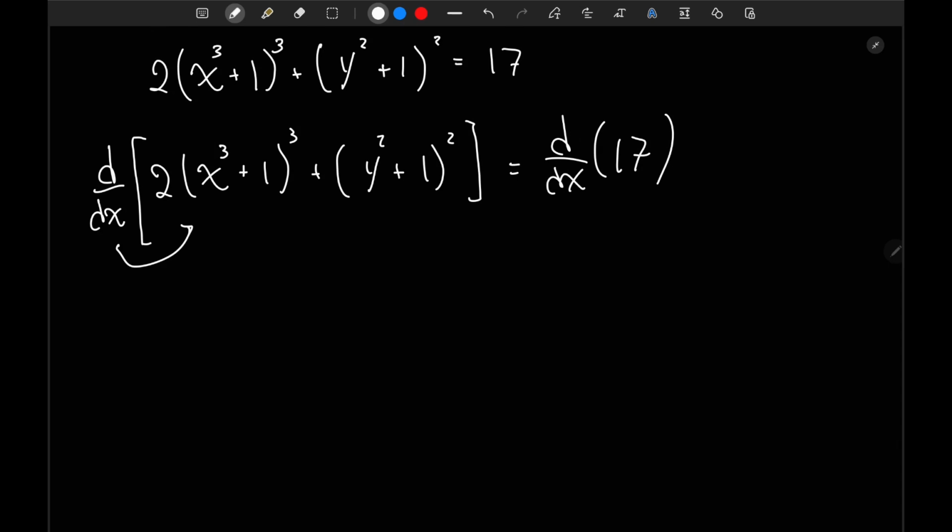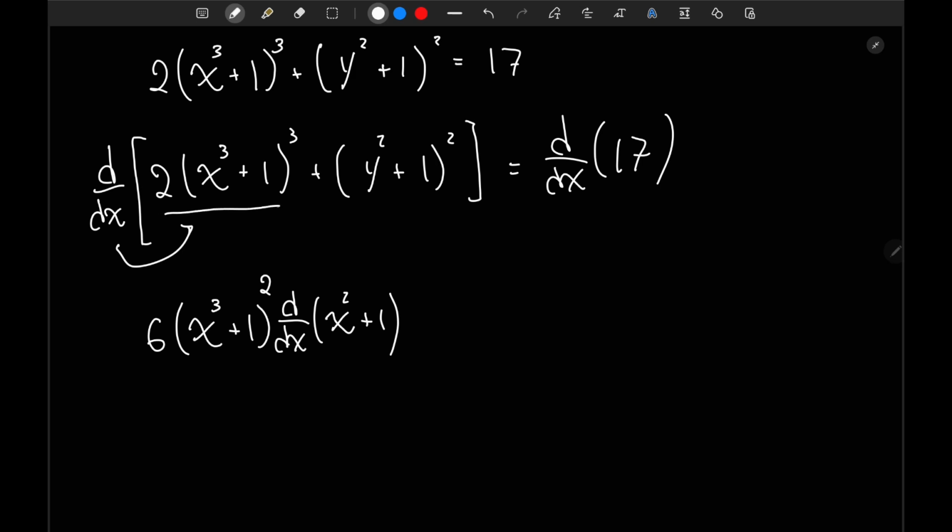So first, we're going to have chain rule on this first term. How we're going to do this is the 3 will come down, so that will make it 6. We keep what's inside, minus 1 from the exponent, and then we'll take the derivative with respect to x of what's inside, so of x squared plus 1. And that's this first one here done.